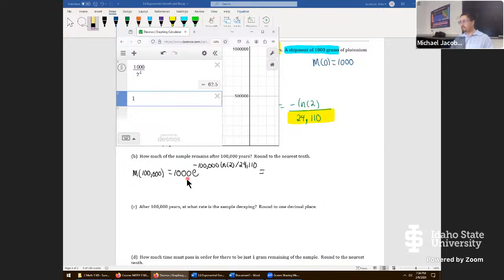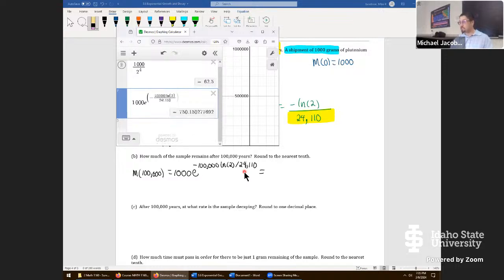And I'm just going to type in 1,000 e to a power negative 100,000. It's a shame you can't put commas in this. It makes it a little confusing to get those numbers right. Natural log 2, and then divide by 24,110. And, oh, not sure if I got that in right.